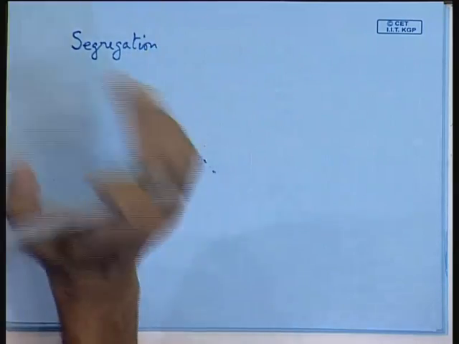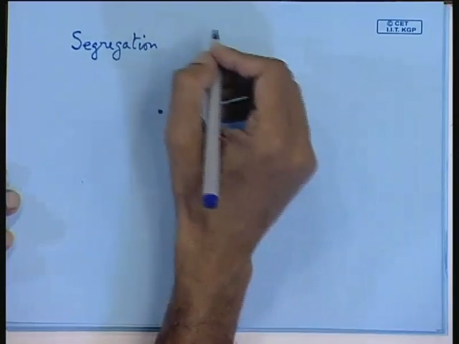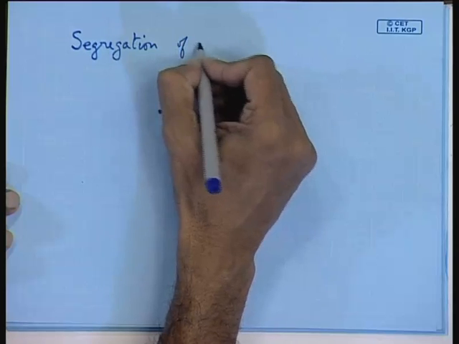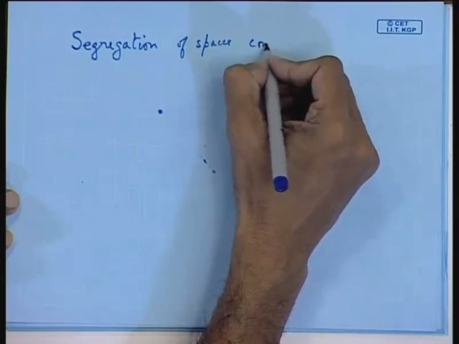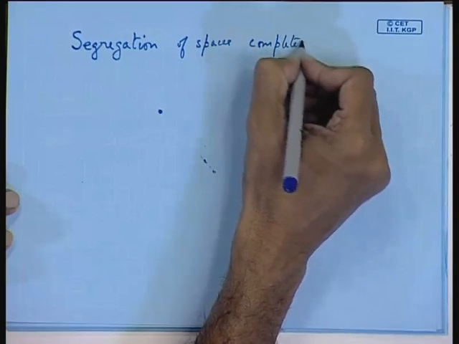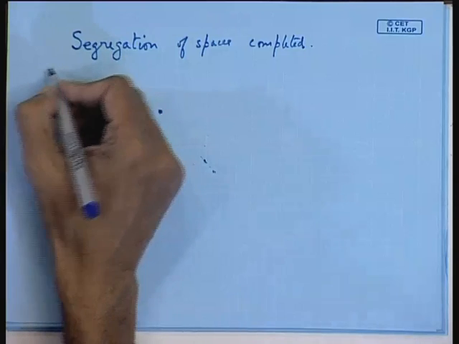Segregation of spaces, first you do for the ignition and fuel equipment, then upwind, downwind. Now next, after you have completed segregation of spaces, you do protection of the spaces.